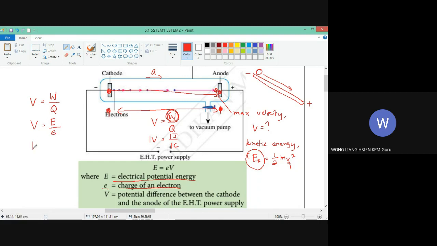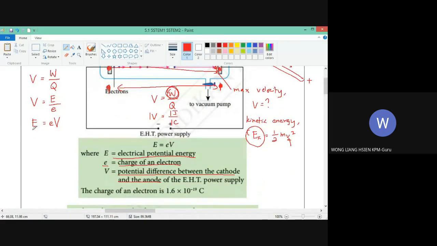So the amount of energy that the electron gains can be calculated by taking the charge of one electron multiplied by the potential difference between the cathode and the anode. Because this energy will convert into kinetic energy, we can equate them.